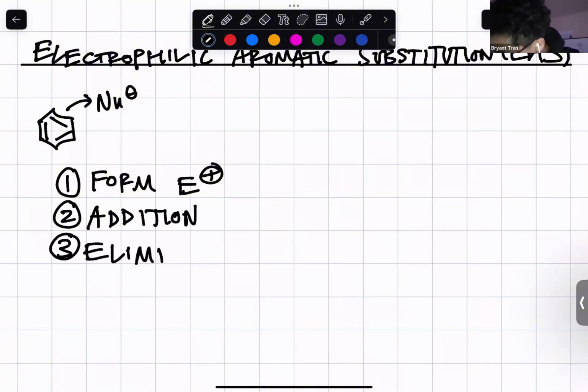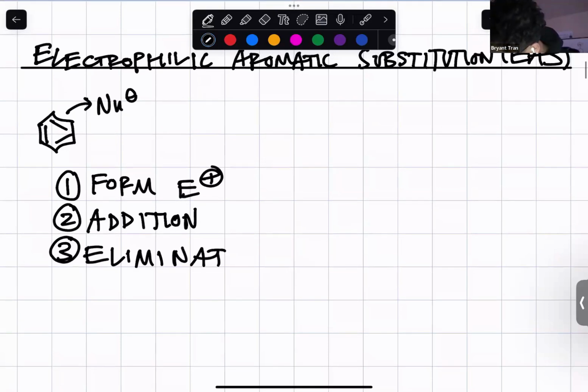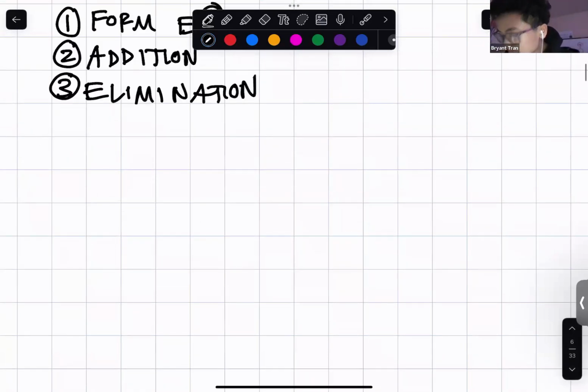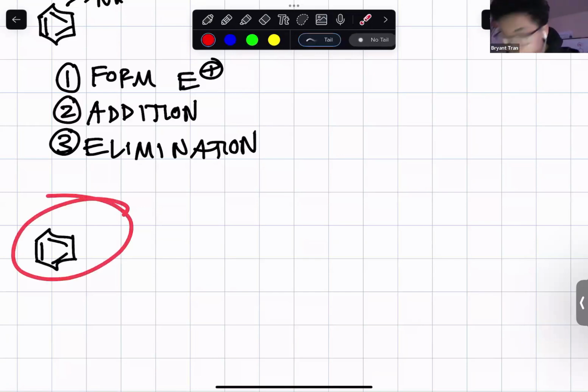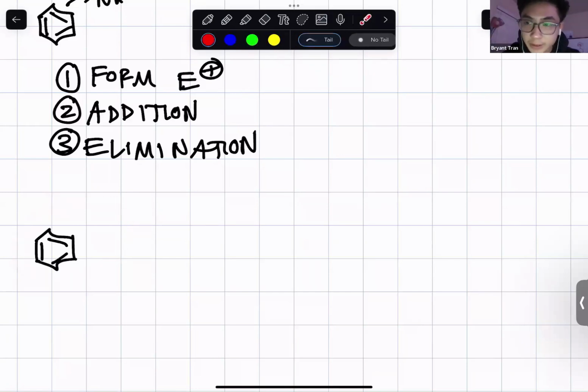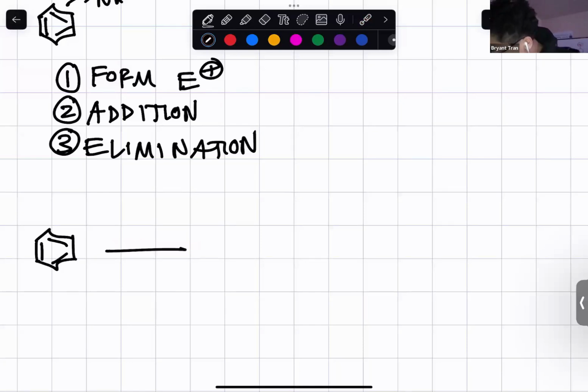And here's the general mechanism here. So let's say we have our electrophile present already, and we have our benzene here present. Let's say this is an empty benzene ring with no groups attached to it, no EDG, no EWG attached to it. If that's the case, then if I put in an electrophile in there, any carbon of the benzene could be my nucleophile and attack the electrophile to form the new bond, right?